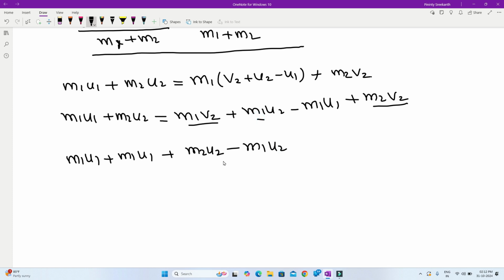This term I have written at the left side is equal to m1 v2 + m2 v2.